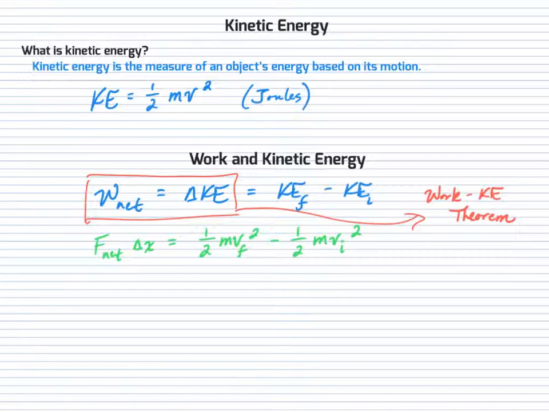Now, I want to take a closer look at this work kinetic energy theorem and give us some triggers so we know what happens as a result of something else. That sounds really vague, but it'll make sense in a second. Imagine that you're in your car at a stop sign, and you're set to go. So you hit the accelerator. You are applying a positive force over some displacement.